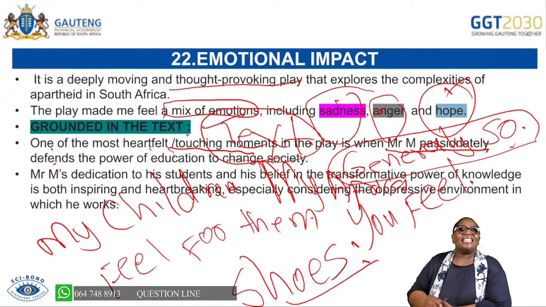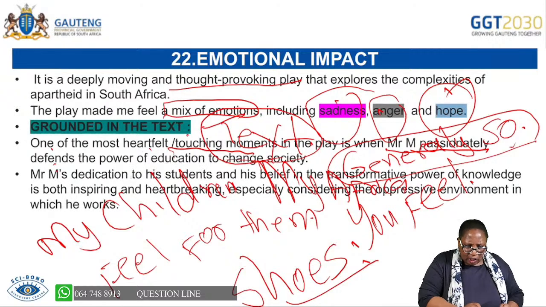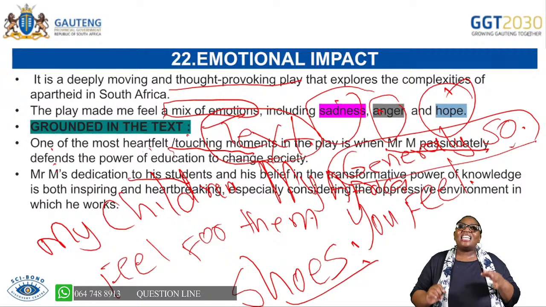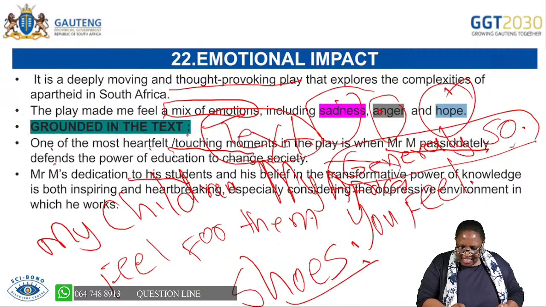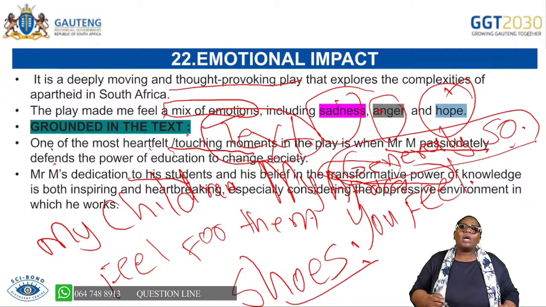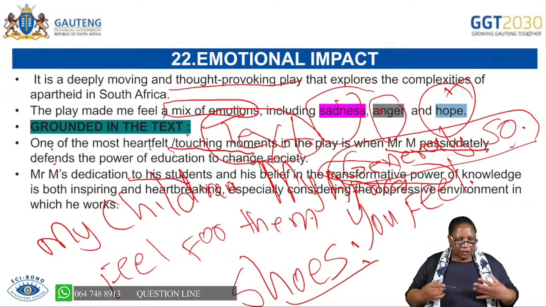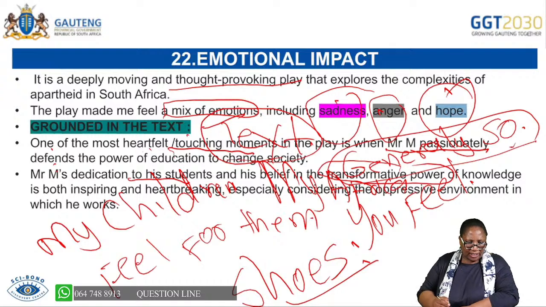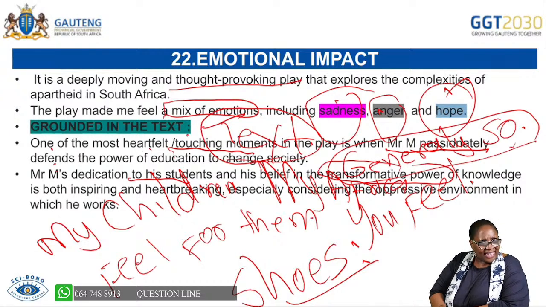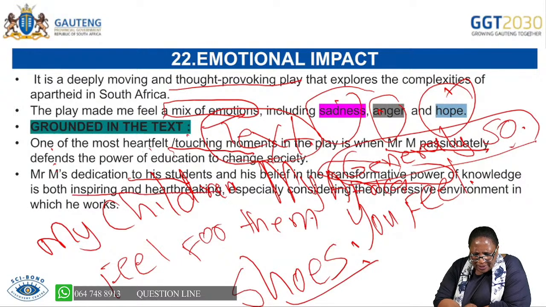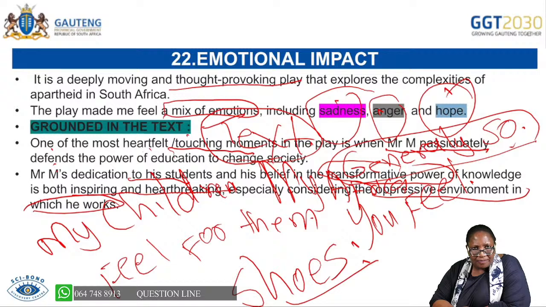Is that Mr. M's dedication to his students and his belief that there is transformative power when you teach learners, when you acquire knowledge? And that should be inspiring as well as heartbreaking, especially considering the oppressive environment in which he works.